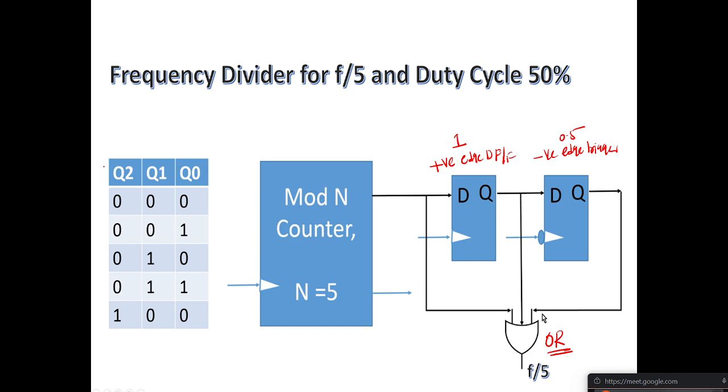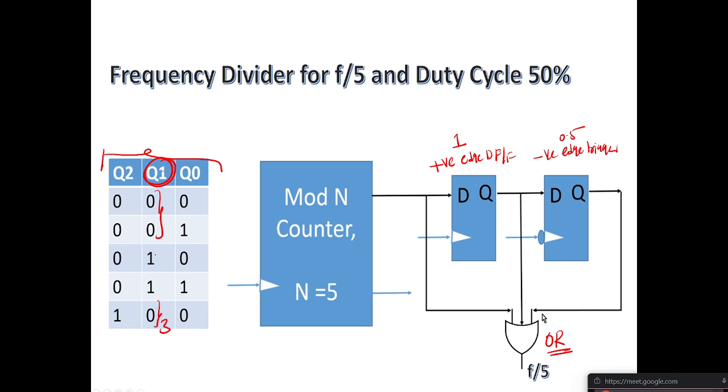Just check the states. It is like toggling, right, sir? So in order to see Q2, can you see Q1? See here, this is off for how many clock cycles?